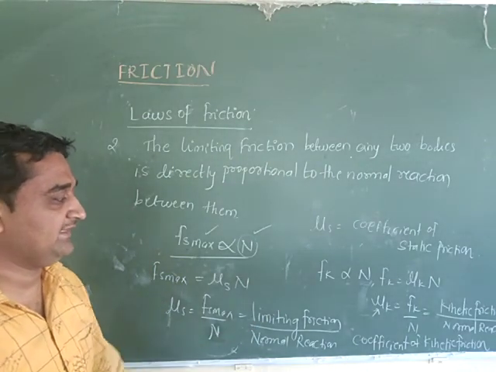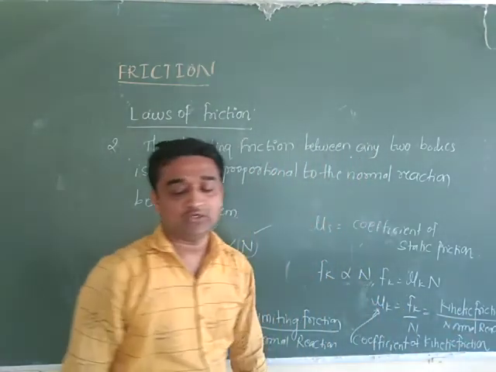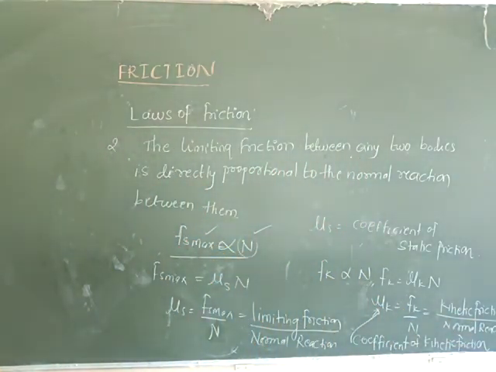Therefore the coefficient of kinetic friction is defined as the ratio of kinetic friction to the normal reaction between the two bodies in contact.